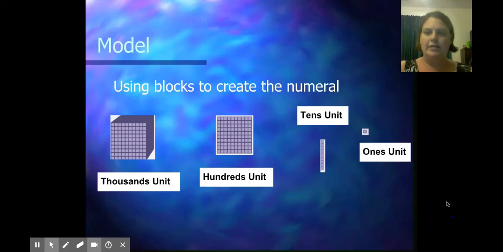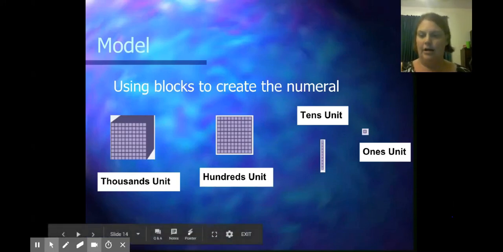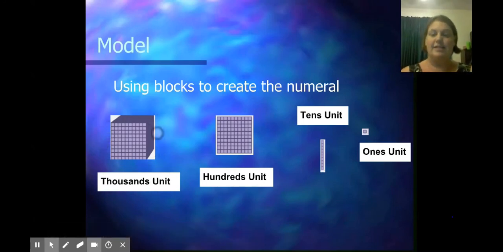So that big block right here, those are thousands units. You've seen them when you were younger, but we're using them in high school as well because we're going to be looking at them in a different manner. These are your hundreds. There's 100 little ones in there. There's a 10 in this long skinny one, and then a 1 on the one piece. And I do have some at the back of the classroom if you would like to use them.